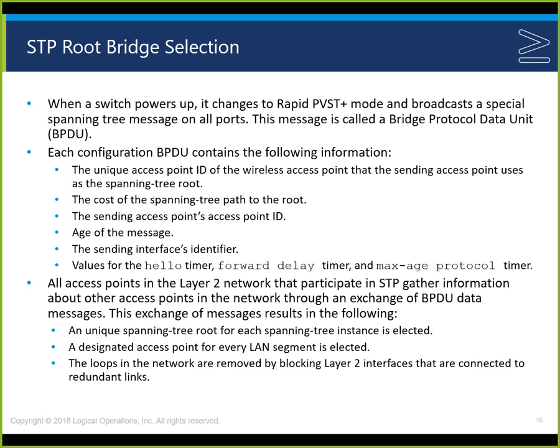Each VLAN, each spanning tree instance, has a root bridge. A designated access point for every LAN segment is elected. The loops in the network are removed by blocking the layer 2 interfaces that are connected to redundant links.